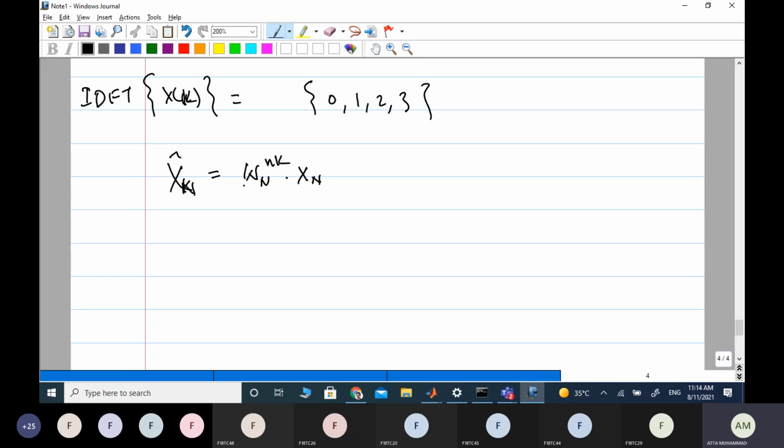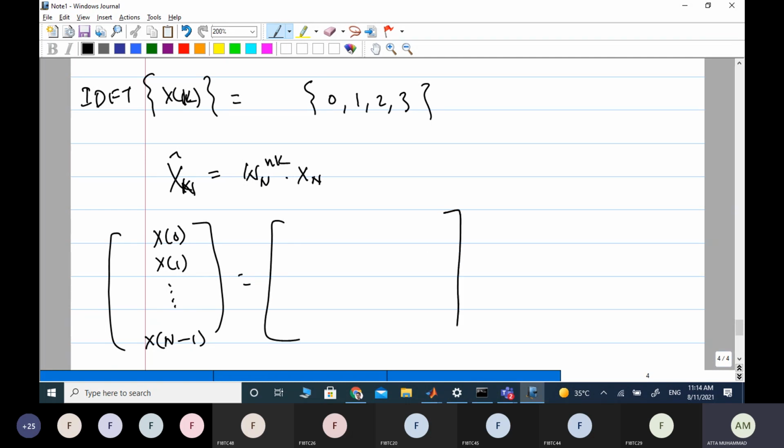You may often see this formula in literature as well. So we wish to compute X of 0, X of 1 up to X of N minus 1 frequency components from this matrix times our time domain signal x of 0, x of 1 up to x of N minus 1.